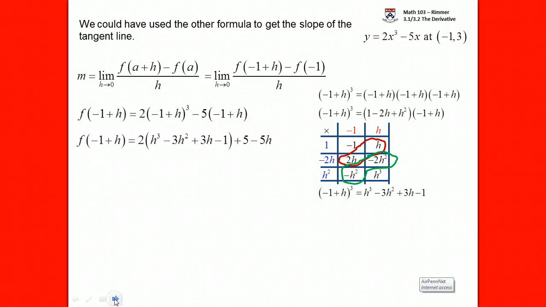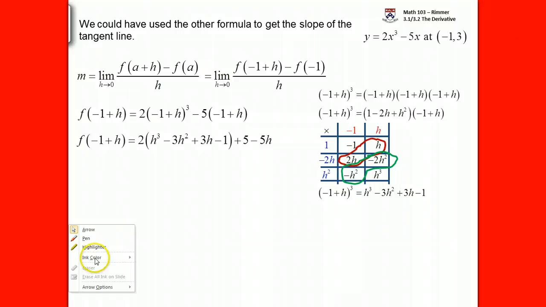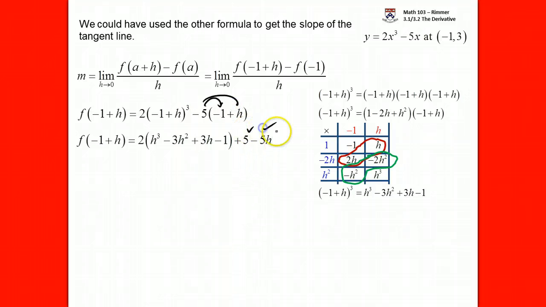All right, so we get exactly that, 2 times that, minus the 5 times that quantity, negative 1 plus h. So go ahead and distribute that. So we get the plus 5 minus 5h. Distribute the 2.